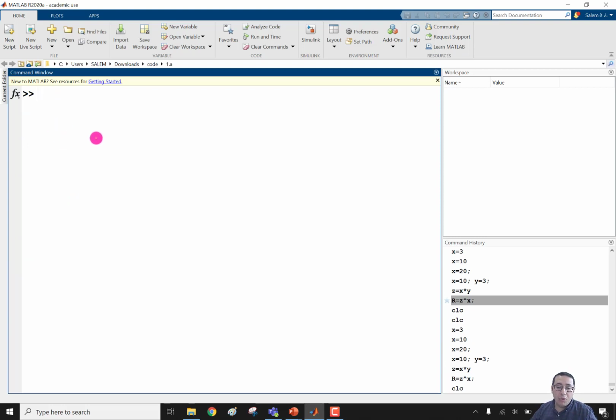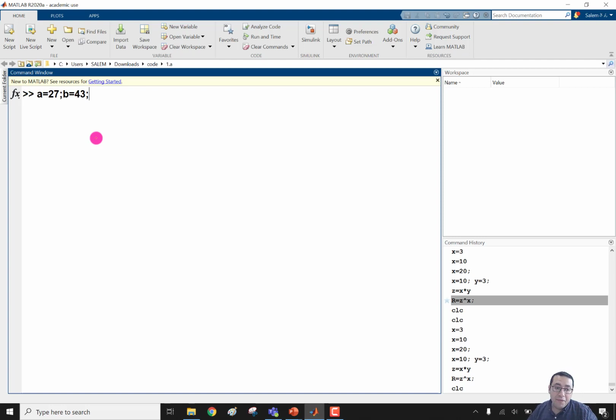And let's start our example, and practice what we learned today. So we can say A equal to 27, semicolon, B is equal to 43, semicolon. So we defined multiple variables on the same line, and we also suppress the echo from this operation because we use a semicolon.